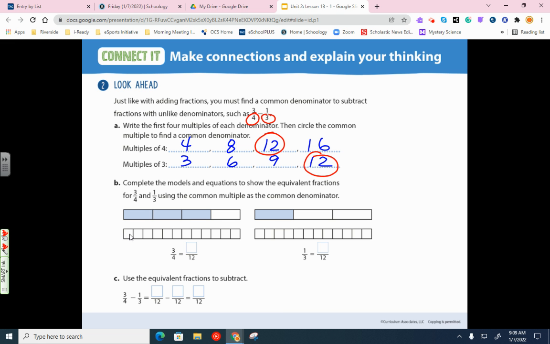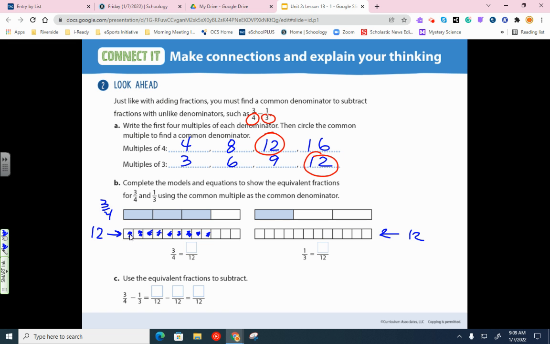Part B, complete these models and equations to show the equivalent fractions for 3/4 and 1/3 using the common multiple as the common denominator. Now these little squares here are all twelfths. That's why there's 12 of these boxes here. So what they're trying to show you is we have 3/4 here, and we want to fill these in, showing how you can do this visually and not mathematically, and then you count up your boxes.